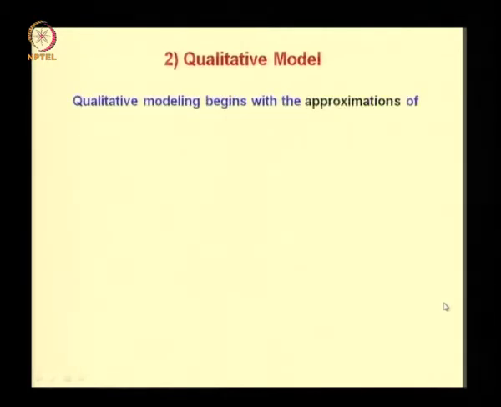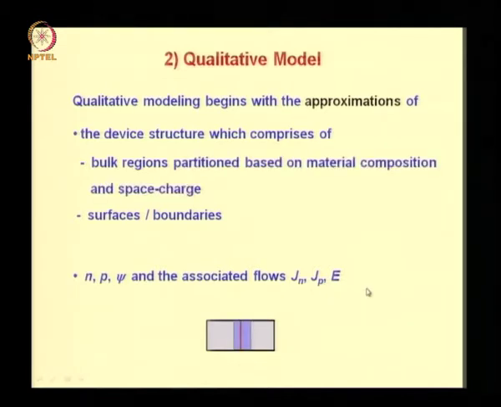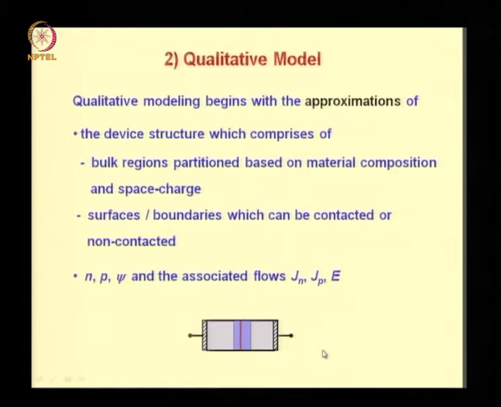Qualitative modeling begins with approximations of the device structure, which comprises the bulk regions and surface or boundaries, and approximations of n, p, psi and the associated flows of Jn, Jp and E. The bulk regions can be partitioned based on material composition and space charge, as shown here in this figure, and the surfaces or boundaries can be contacted or non-contacted.